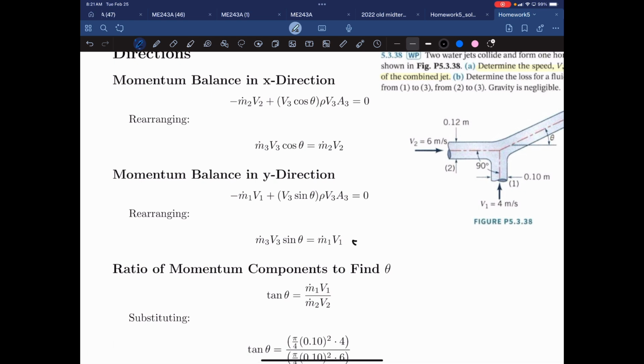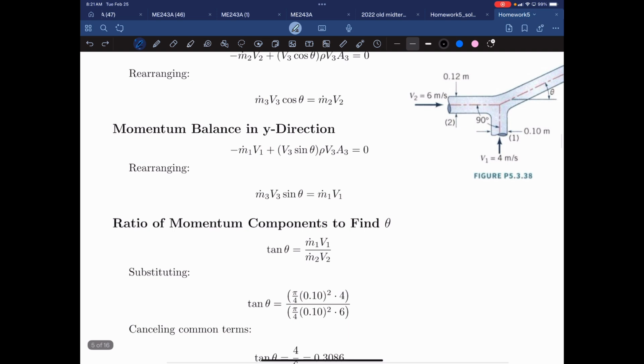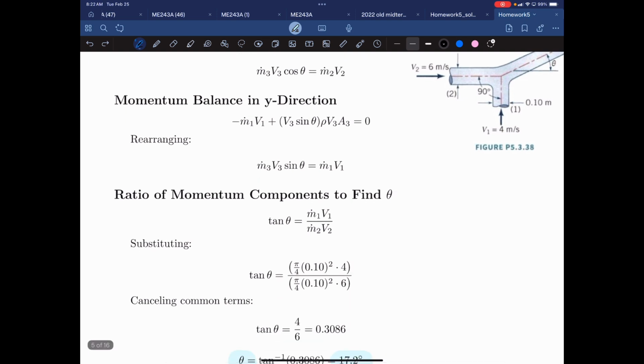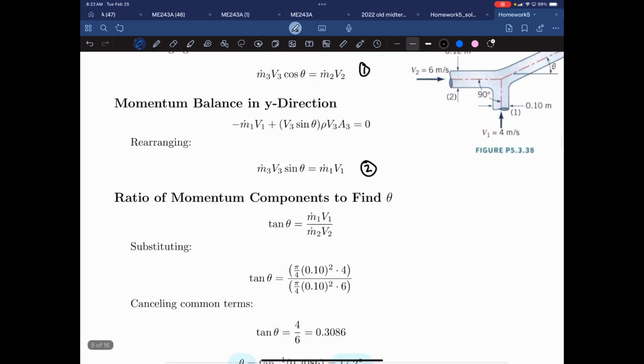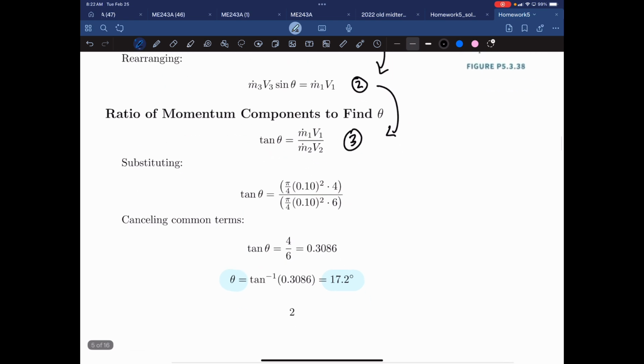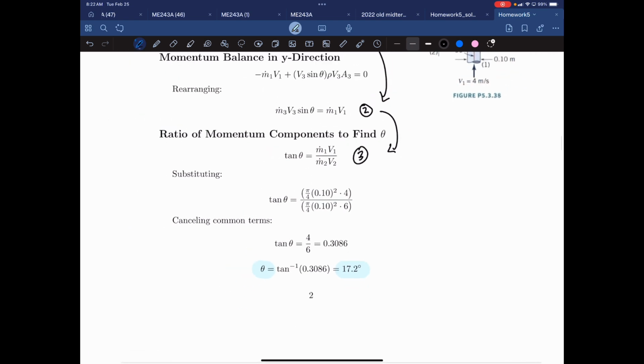We combine them using the tangent relationship to get theta. So then we find that theta is 17.2 degrees.